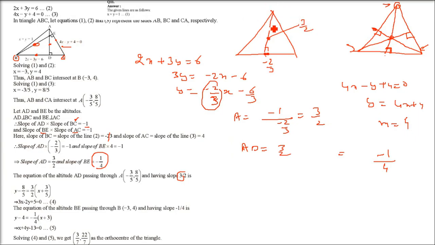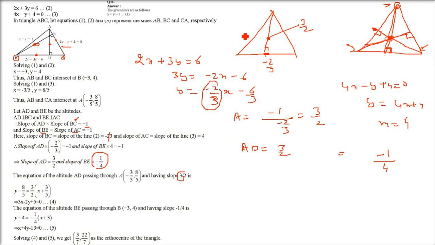Now we have the vertex: a line whose slope is known and which is passing through a vertex, which is A. And A is also known by intersecting, which we found out earlier. So we have a line with slope 3 by 2, and the vertex A, -3 by 5 and 8 by 5.